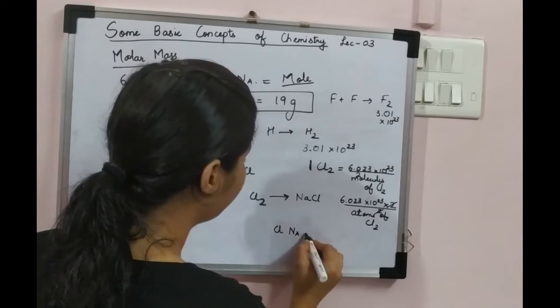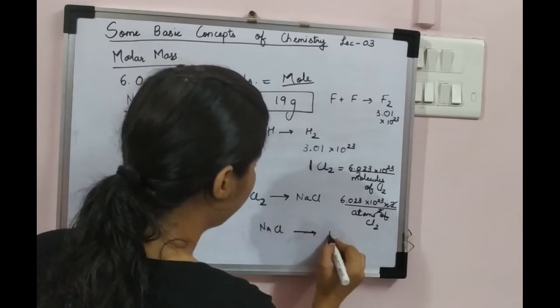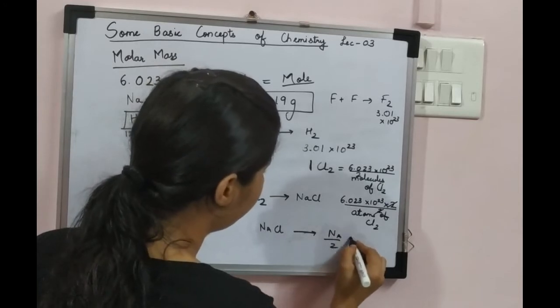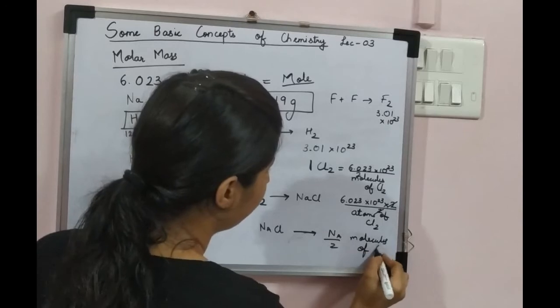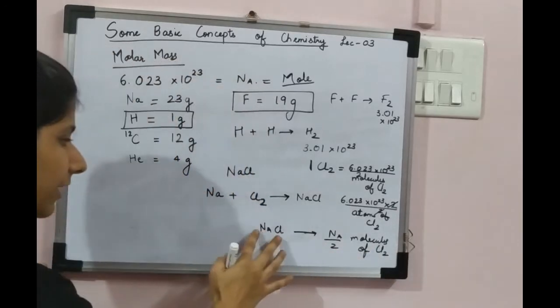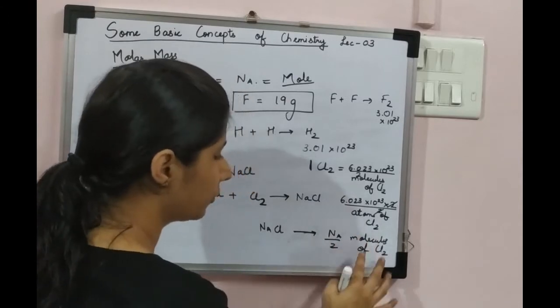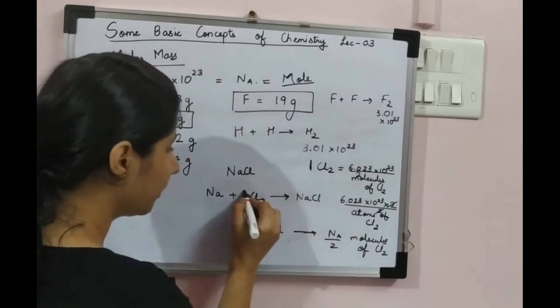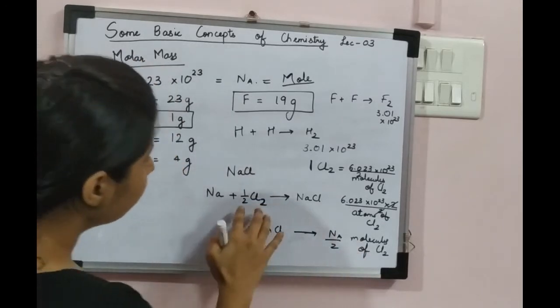So the Avogadro number of chlorine atoms will give me Avogadro number by 2 molecules of chlorine. Okay. So if such is the case, I will take the Avogadro number of chlorine atoms to get Avogadro number by 2 molecules of chlorine. Okay. From here also I can understand. If I don't understand these in detail, I can understand from this.